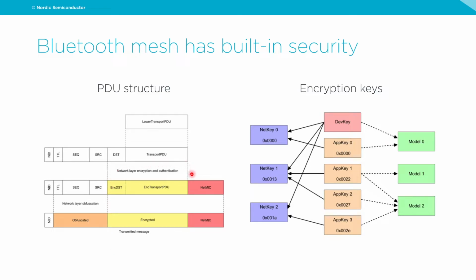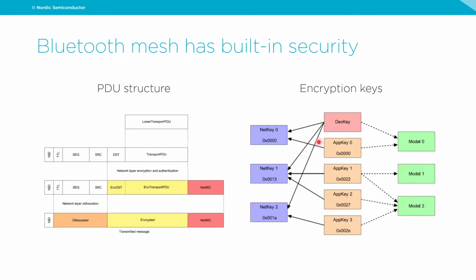This yellow part here, that is the encrypted payload, is encrypted by a network key, and you can have more than one. And this is the first level of encryption, and the application payload is again encrypted by an application key. And this makes it possible to encrypt, for example, the lighting system differently from the door locks.